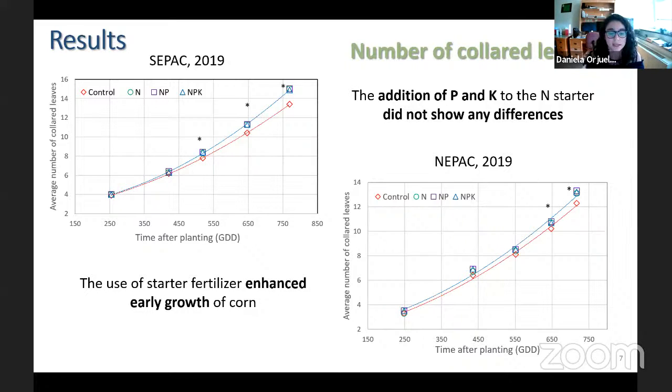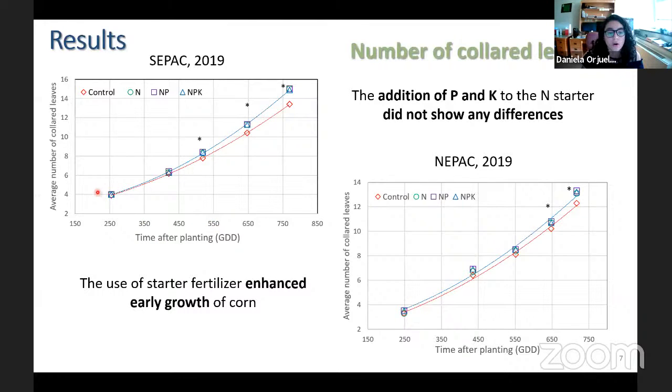We have CPAC on the left side, and I think that you can see this. Yeah, we have CPAC here, and we are going to see the average number of collar leaves on the y-axis versus the time after planting. We calculate time after planting based on growing degree days in Celsius degrees.